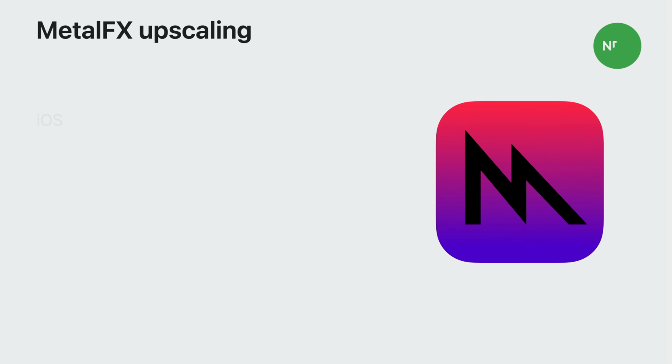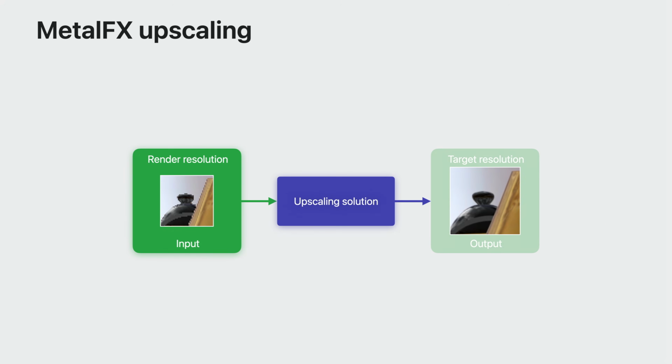New features this year include support for iOS, up to 3 times upscaling, and support in Metal CPP. If your engine already supports an existing upscaling solution on other platforms, MetalFX integration won't require much coding and modification on the engine side.